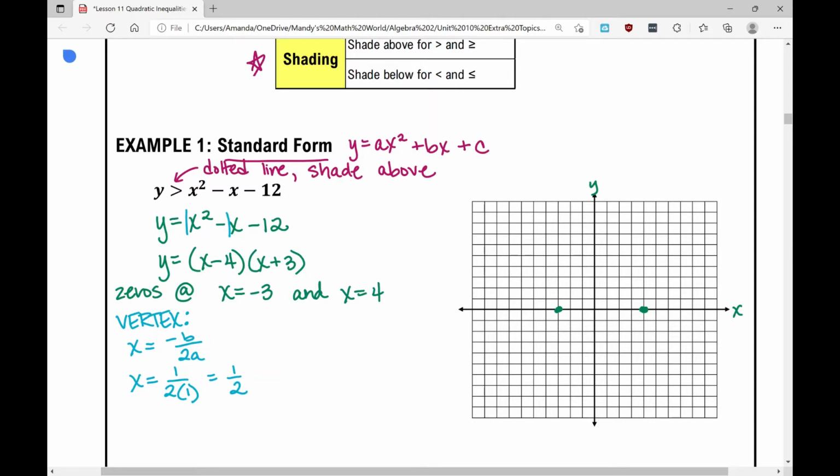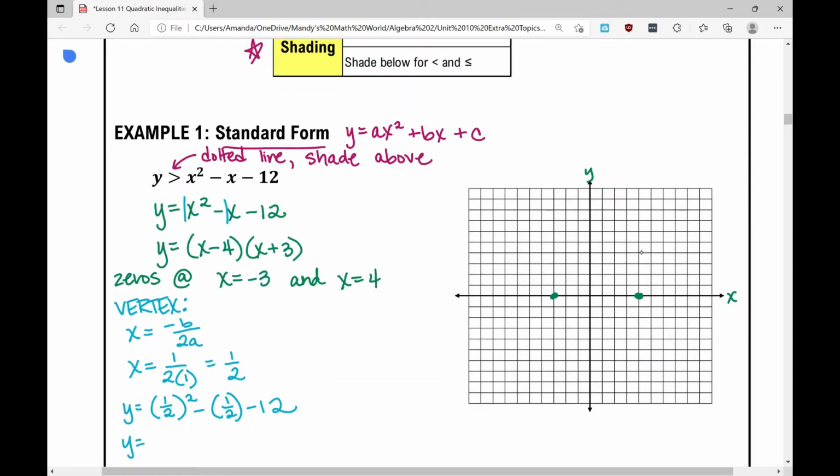How do I find the y value? I plug in x. What do I get for y when I plug in 1/2 for x? 1/2 squared minus 1/2 minus 12, and I get y equals negative 12.25.